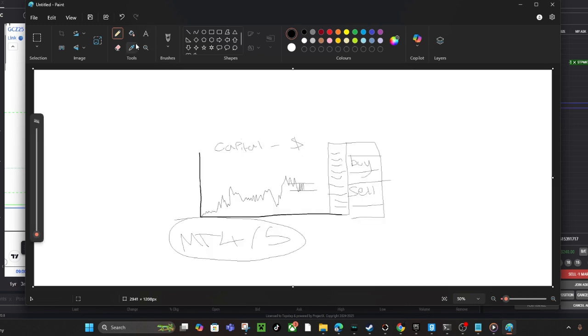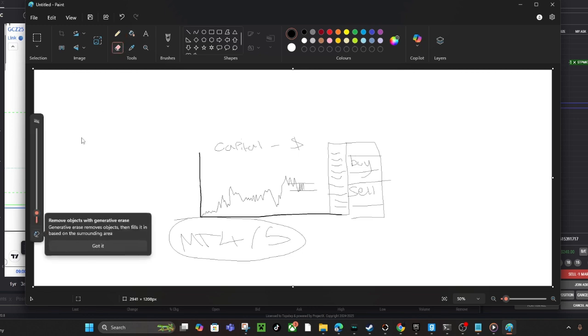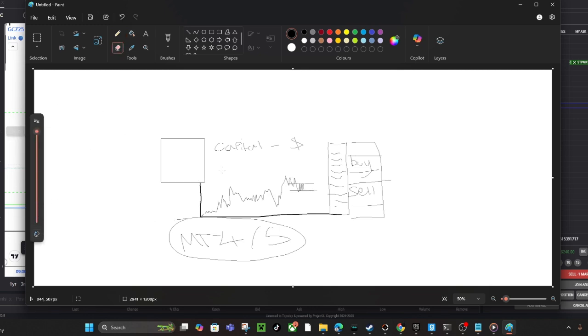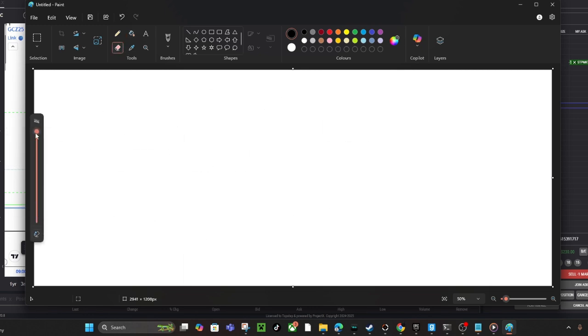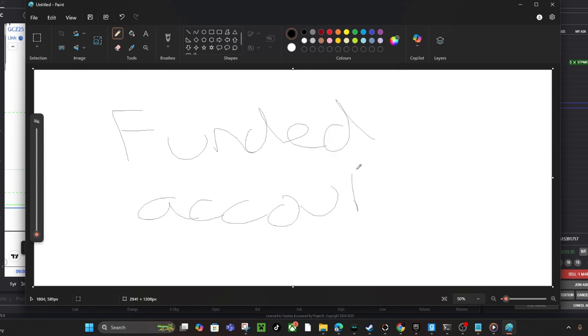The next thing we are going to let you understand is how a funded platform works. Funded accounts. This is what we're going to be going through.